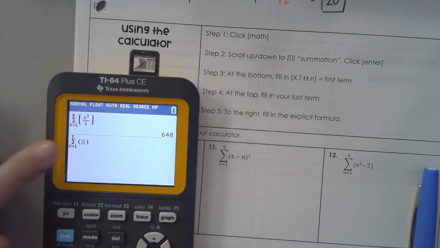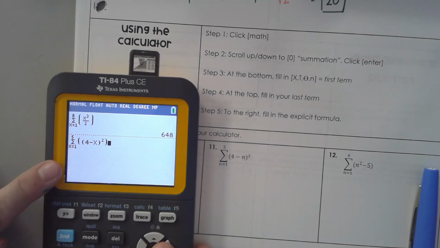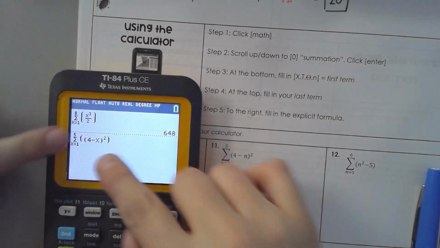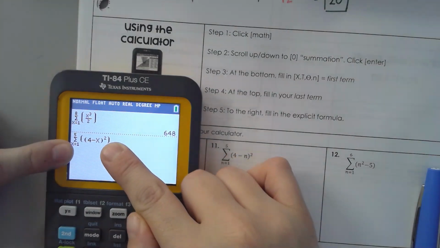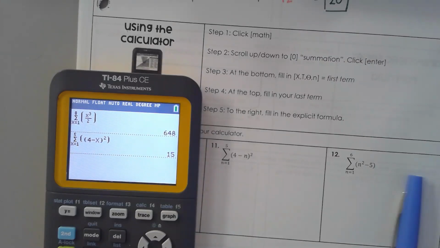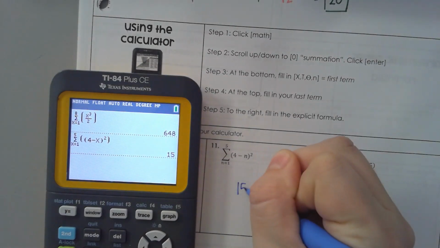So on the inside, I'm going to do parenthesis 4 minus x, close parentheses, and then my squared. So all of that is still contained in the sigma. Just like that. And you get 15.